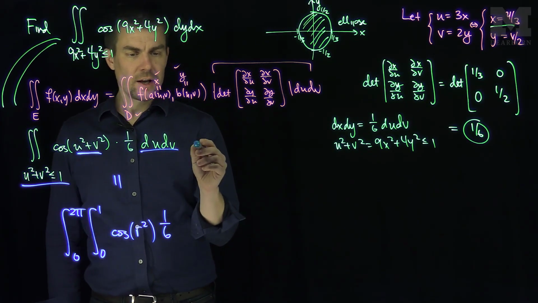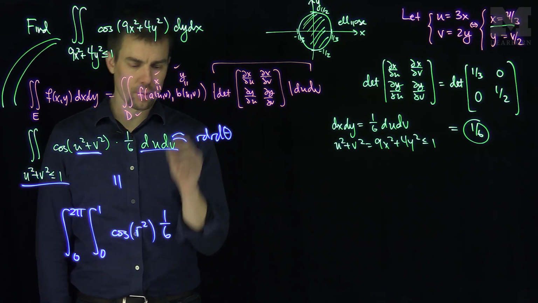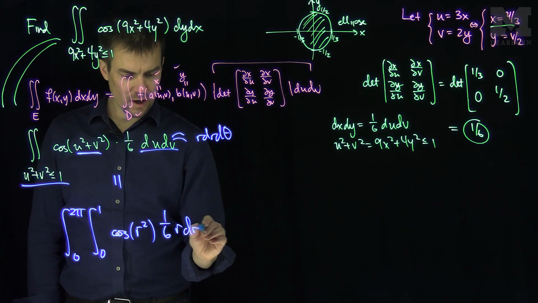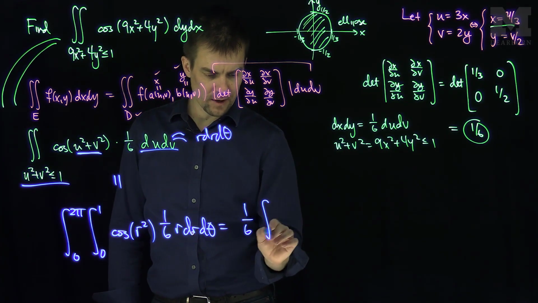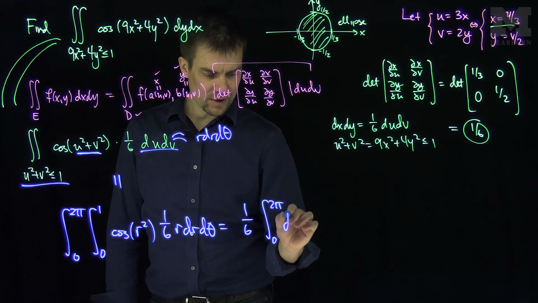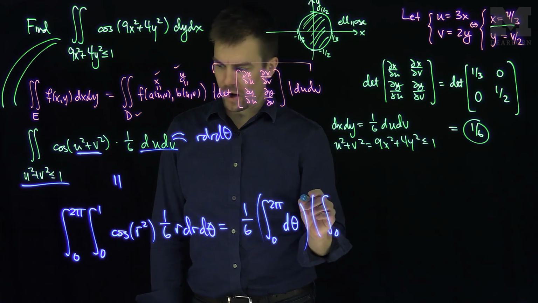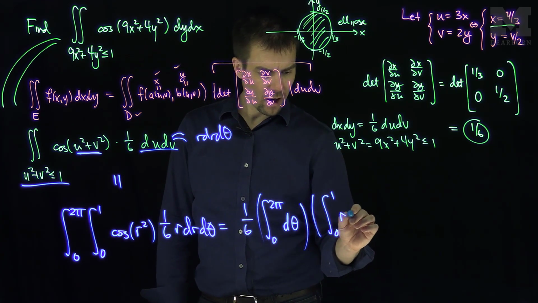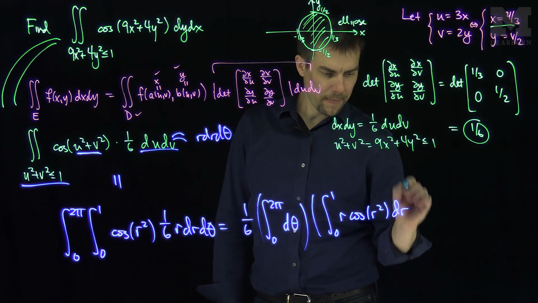And then du dv is going to transform into r dr d theta. That's the Jacobian in polar coordinates. I can separate this and write it as 1/6 times the integral from 0 to 2 pi of d theta, times the integral from 0 up to 1 of r cosine of r squared dr.